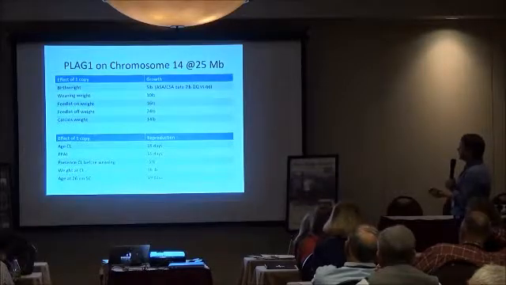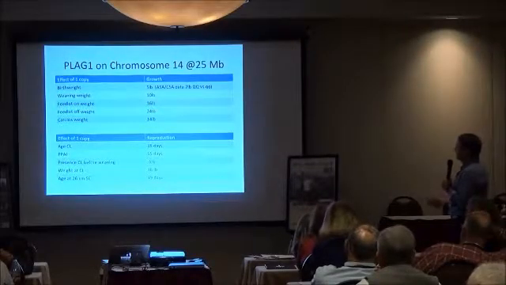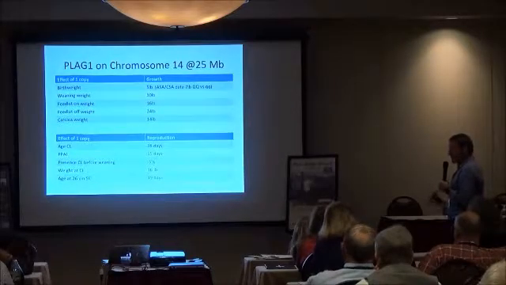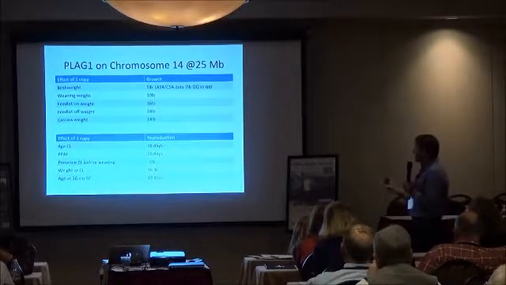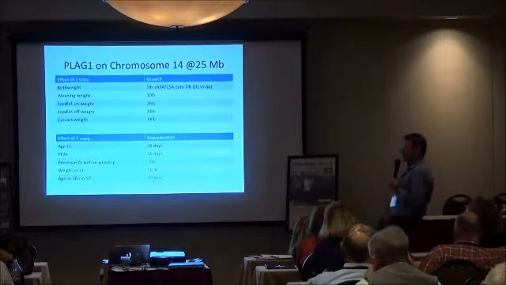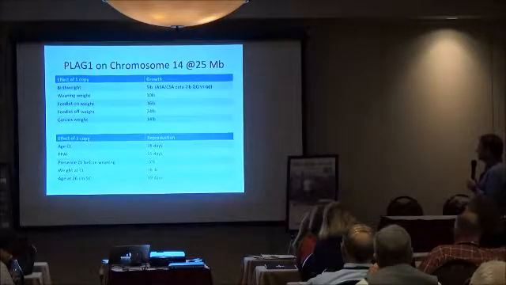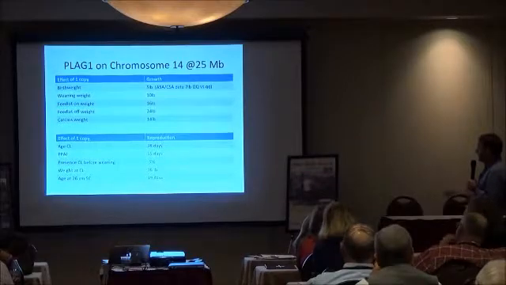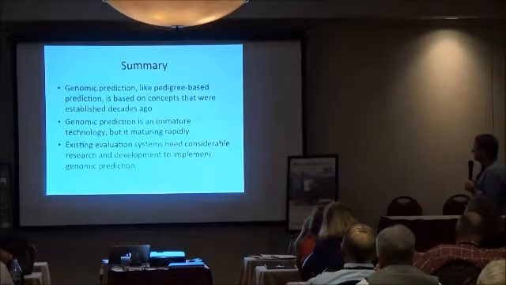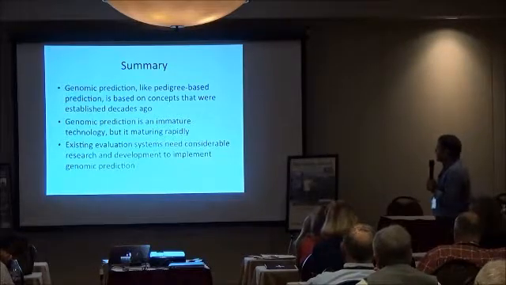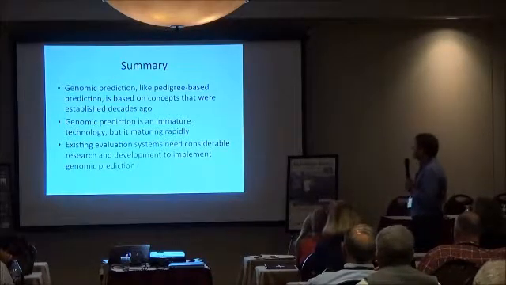So while doing the stuff we were doing here, we didn't expect at the outset that genomic prediction might have an effect on reproduction. But it looks like we are going to find things in reproduction that are going to help you get better predictions for some of these other traits, even though our analysis is based on more basic genomic stuff. So, summary: genomic prediction is just like pedigree-based prediction.